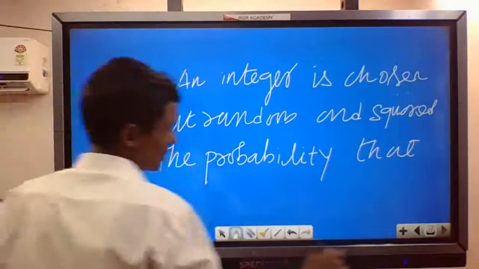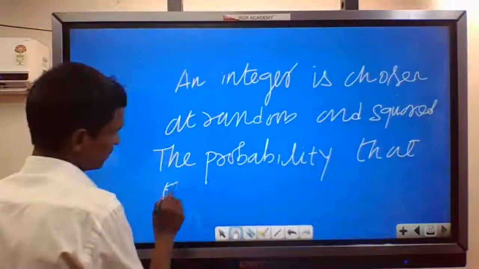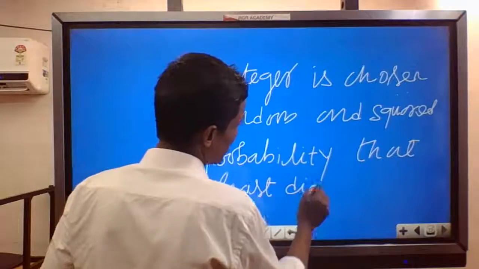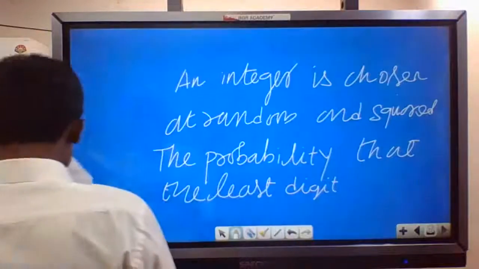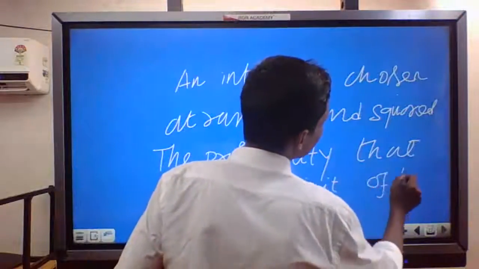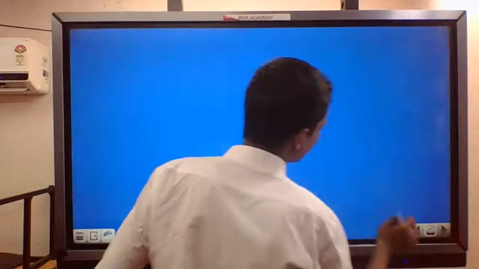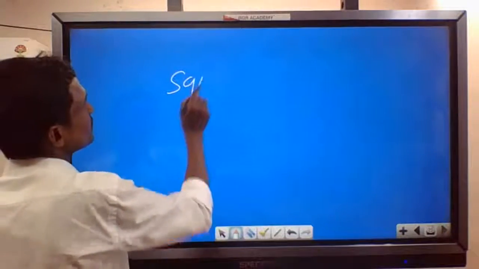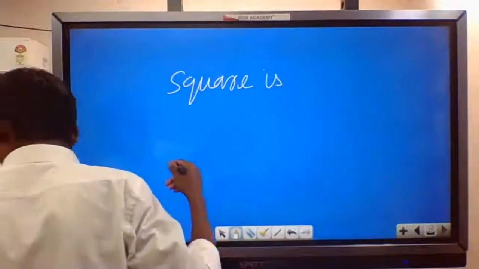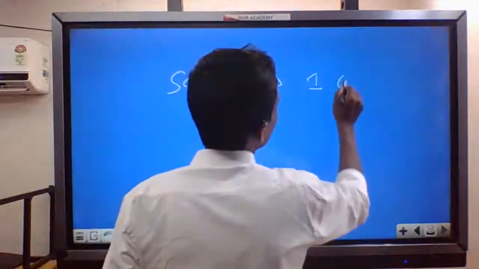the least digit of the square is 1 or 5.